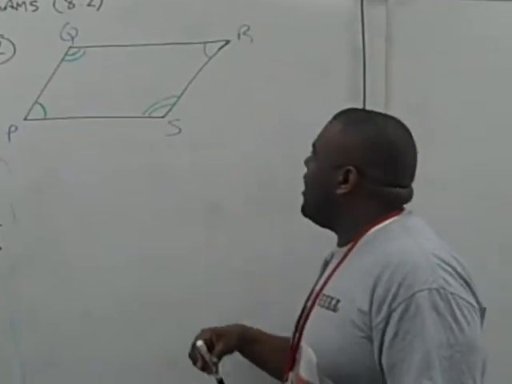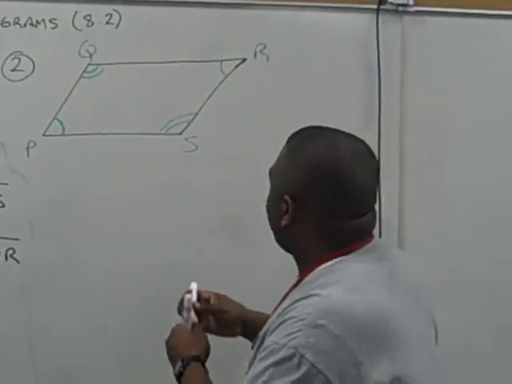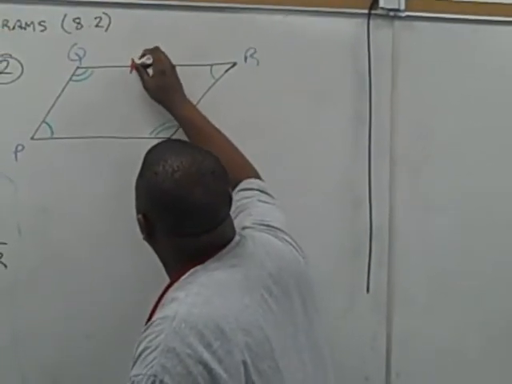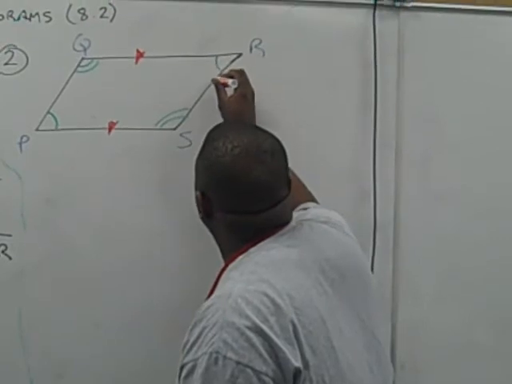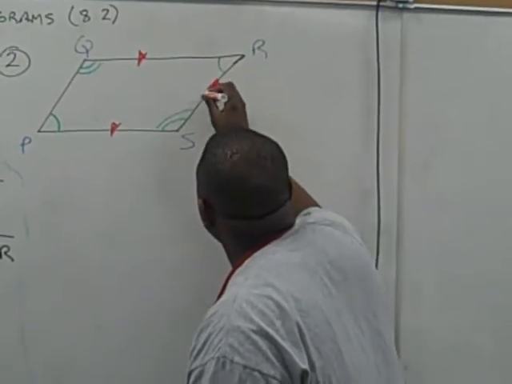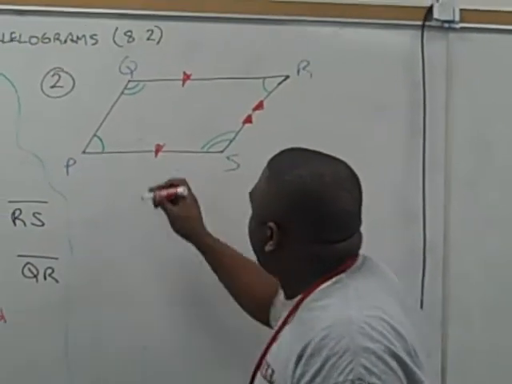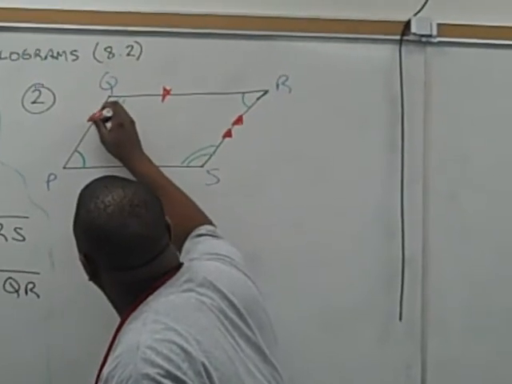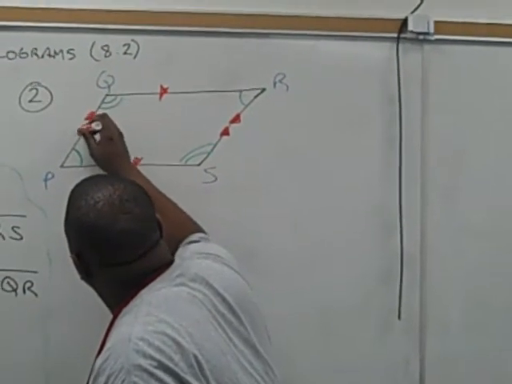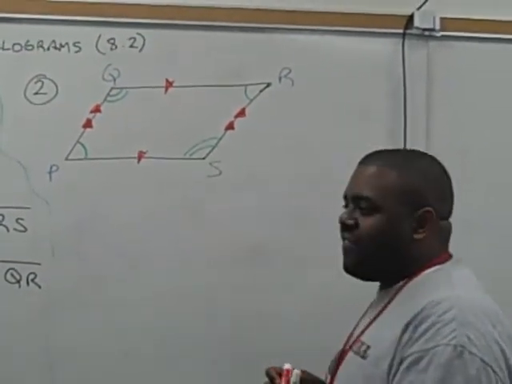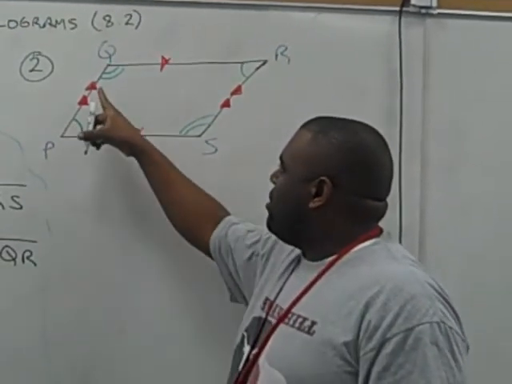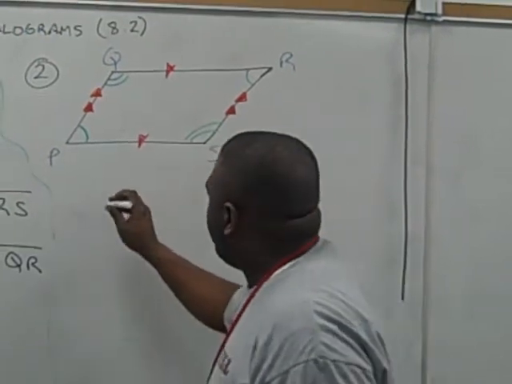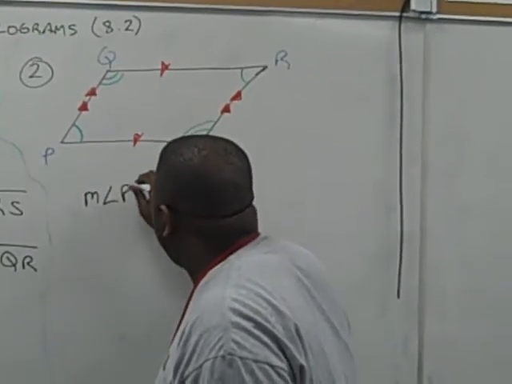So in this picture right here, if we know that this is parallel to that, and this is parallel to this, then we can state the following. We can state that this angle plus this angle equals 180 degrees.